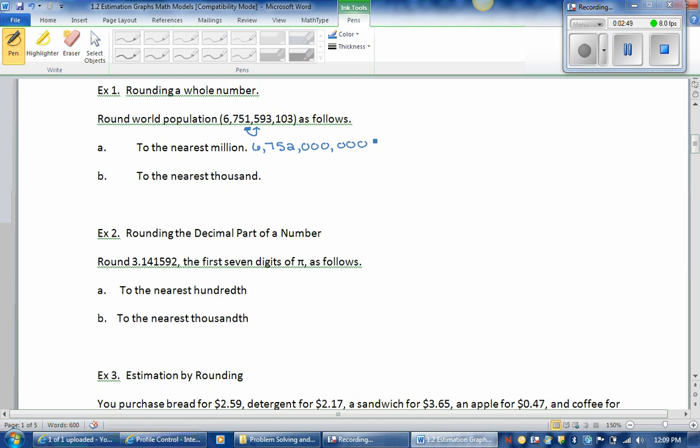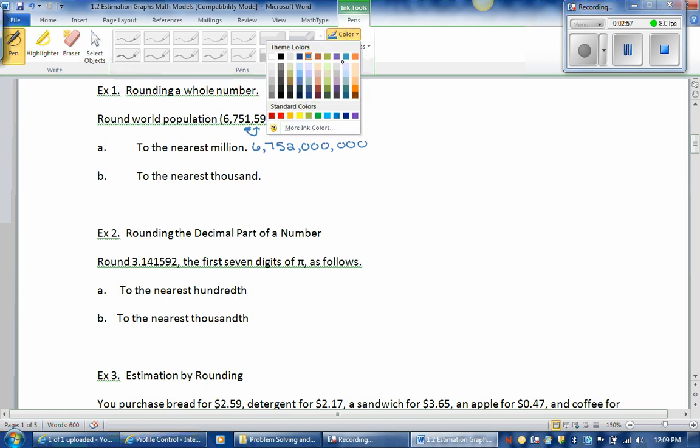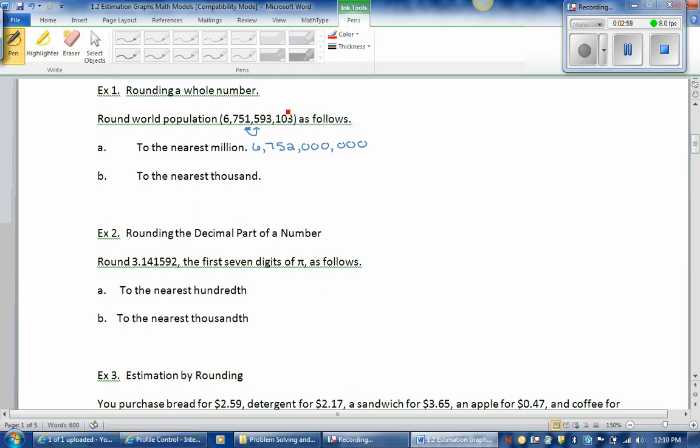Now let's try it to the nearest thousand. Again, we have to find the thousands place. We know we're ones, tens, hundreds, and thousands. This 3 right here is my thousands place. We look to the right.